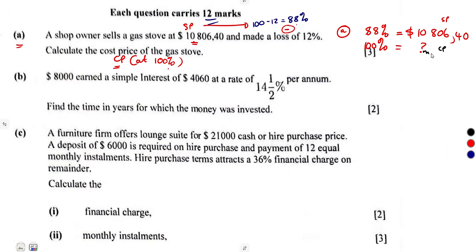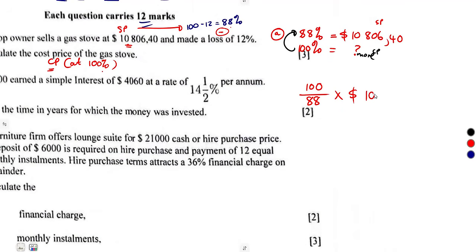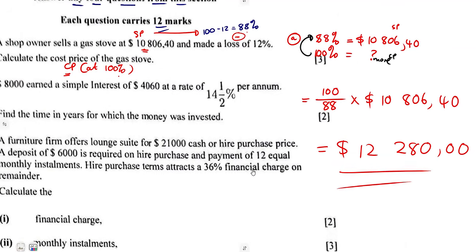You can use proportion: 100 over 88 times your selling price of 10,806.40. Use your calculators, guys. This is paper 2 for you. So 12,280 is what you're going to have as your cost price.